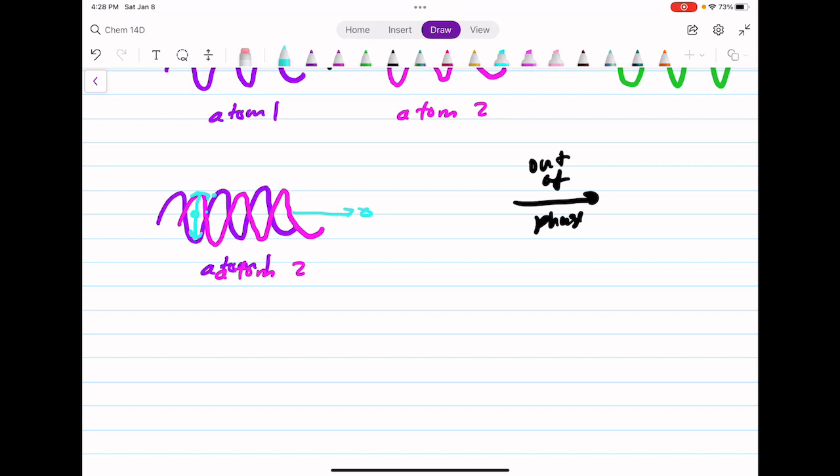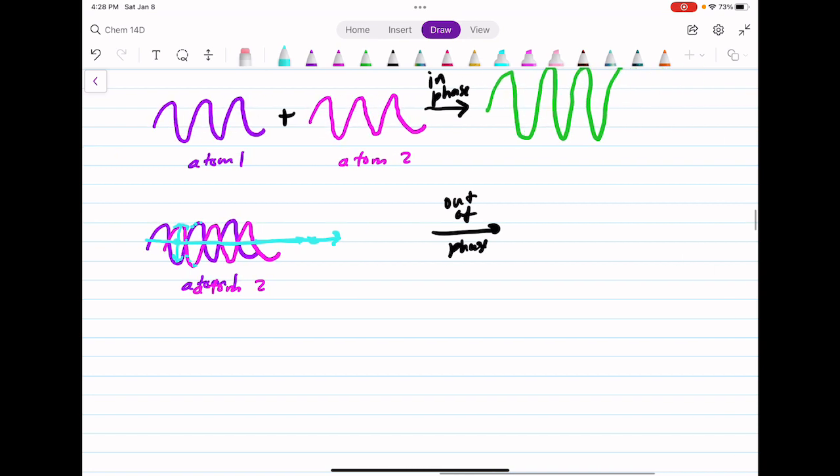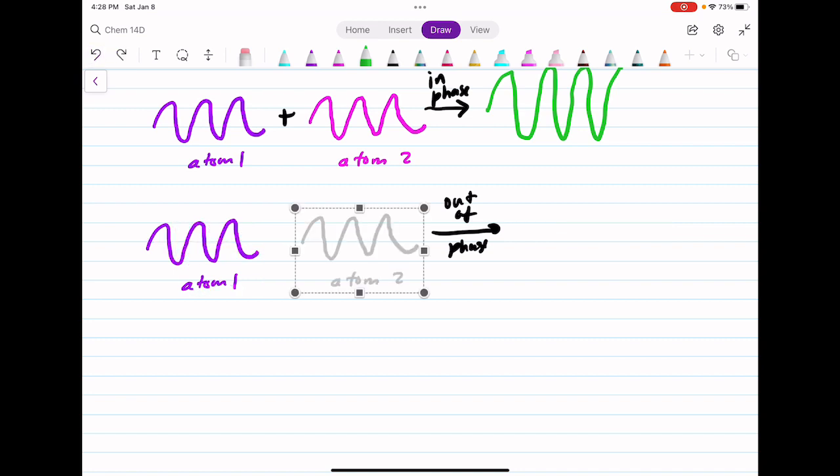So at any point along this purple wave, when I sum it with whatever's going on in this pink wave, I end up getting this straight line right in the middle. So that is my out of phase combination. So my out of phase combination would look something like this. So let me go back and separate those.